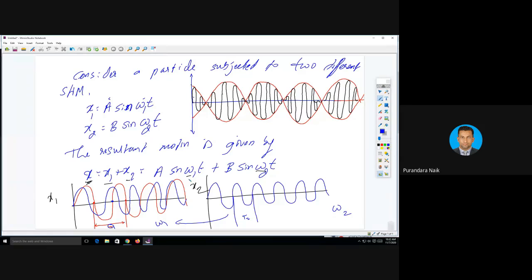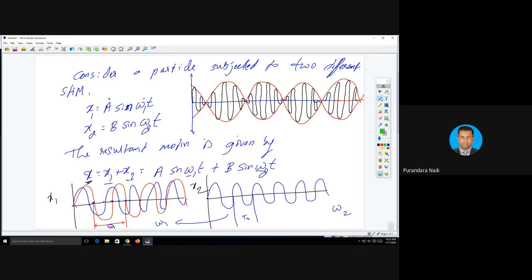The curve is not exactly matching the first curve. Forget about amplitude. Amplitude may be larger or smaller, but the frequency is different. That's why it is not merging point to point. So this gap is gradually increasing. Look at this. As a result, the resultant will be like this. I can show you the resultant of these two waves. See the curve.